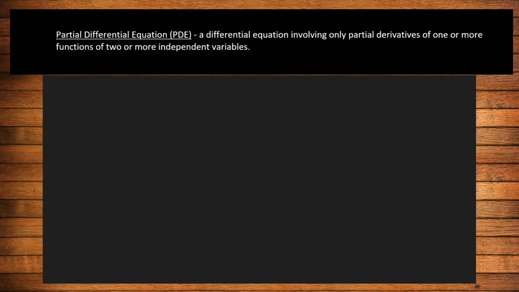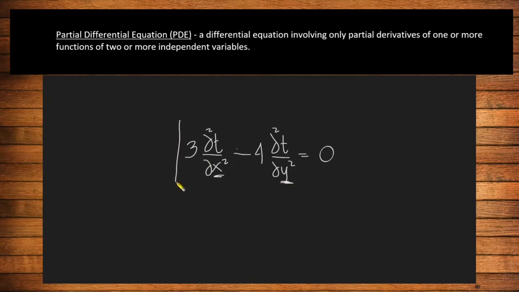So for example, we have the equation 3 times the second partial derivative of t with respect to x minus 4 times the second partial derivative of t with respect to y equal to 0. Again, our independent variables in this equation are the variables x and y. Okay, so meron tayong dalawang independent variables. Therefore, this equation is a partial differential equation.